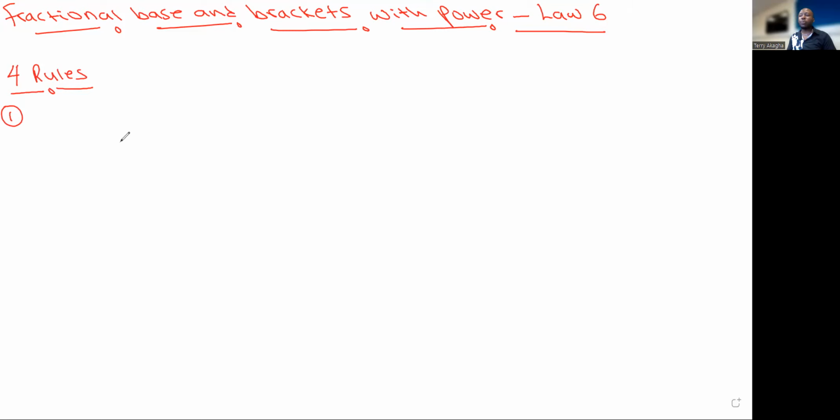Is that okay? So the first thing you have to do is to multiply the power outside the bracket with the power of the numerator.